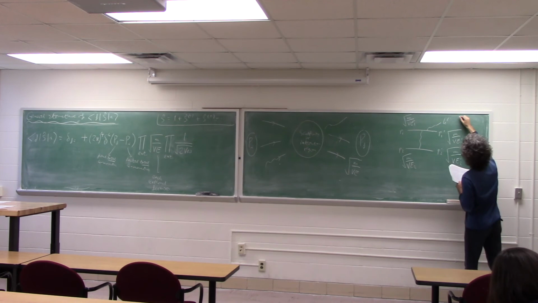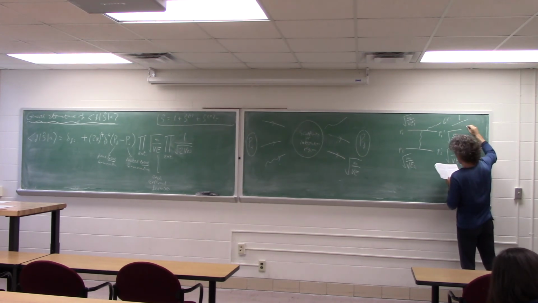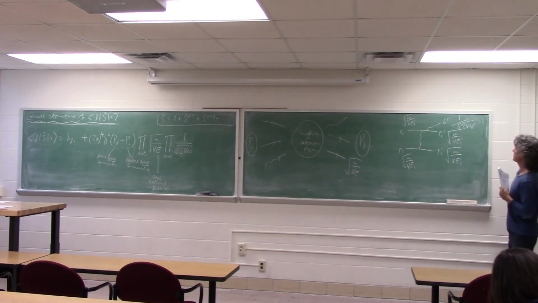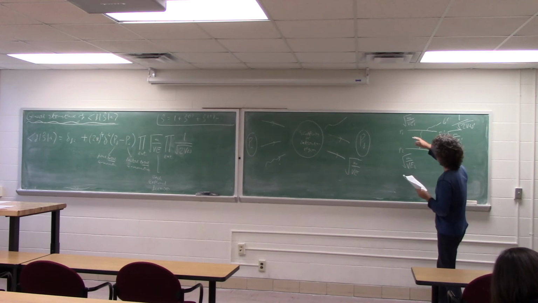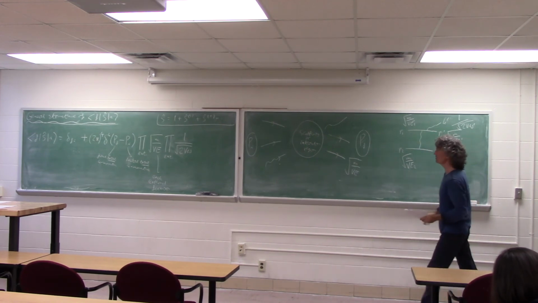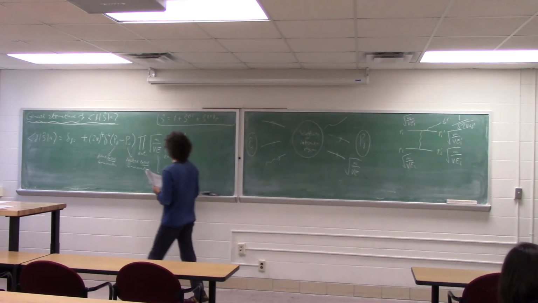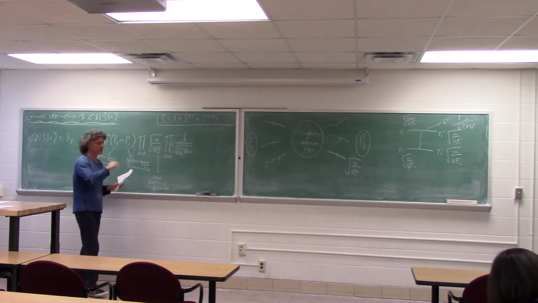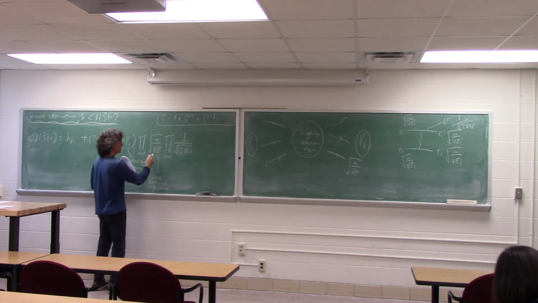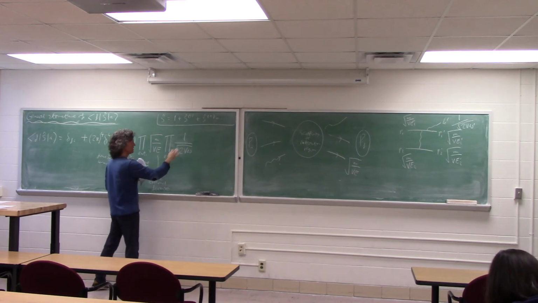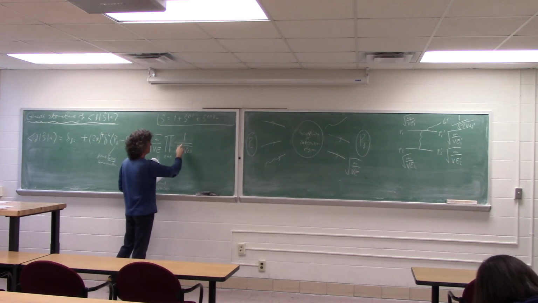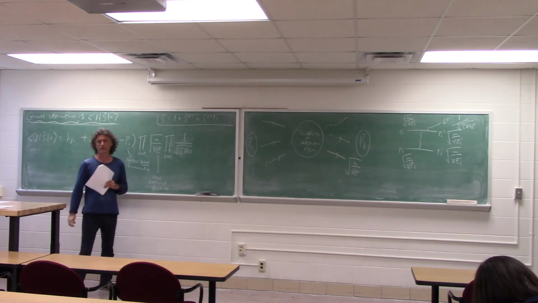And here there will be a factor 1 over the square root of 2V omega prime. So for each external line, there's one of these factors. If it's a fermion, it doesn't matter if it's initial or final, I get a factor root m over VE. Initial or final photon line, I get a factor 1 over root 2V omega.